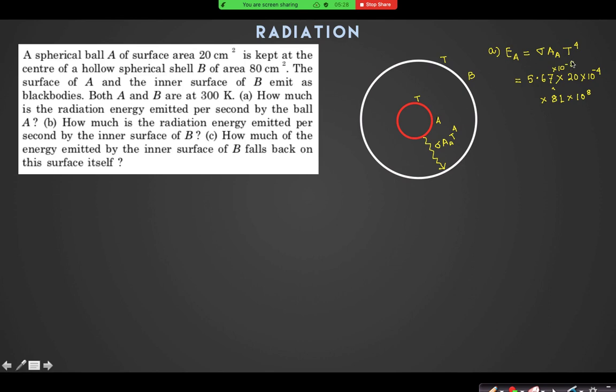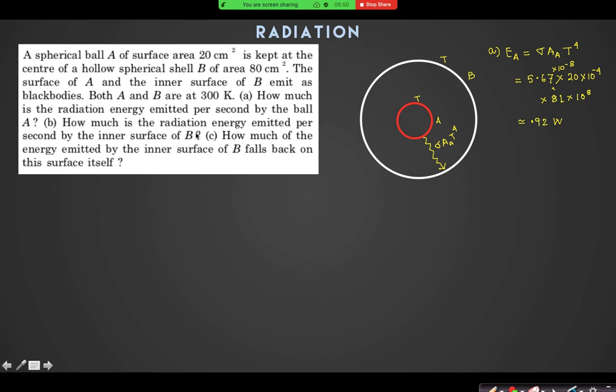So 10 power 8 will get cancelled out, and 10 power minus 3, 2 into 5.67 into 81, into 10 power minus 3, it will come to near about 0.92. I'm sure you have got the solution.